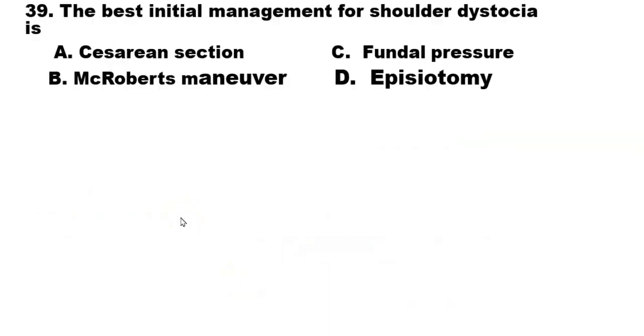The next question: the best initial management for shoulder dystocia is A. cesarean section, B. McRoberts maneuver, C. fundal pressure, D. episiotomy. Please try to guess the answer within 5 seconds.